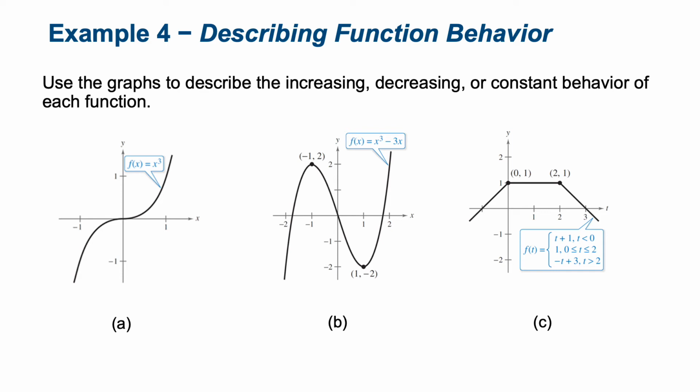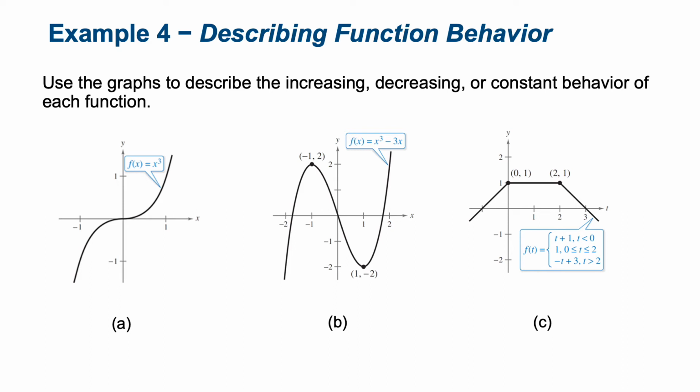Remember when we talk about increasing or decreasing, we're talking about the x interval. So as x goes from -1 to 1, the function is decreasing. Okay, so at 1, what's happening? The function goes here and then goes up. So then it's increasing from 1 to infinity.